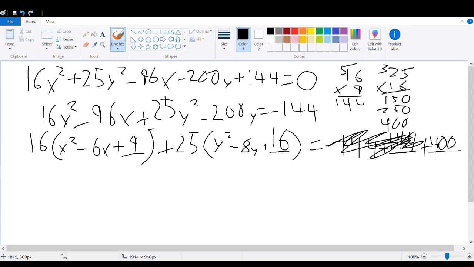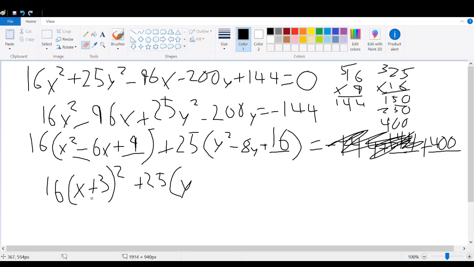So, I'm going to do some of this completing the square stuff in my head. 16 times (x plus 3) squared plus 25y. That's not a plus 3 because when this is negative, which means this has to be negative, so quickly erase that.